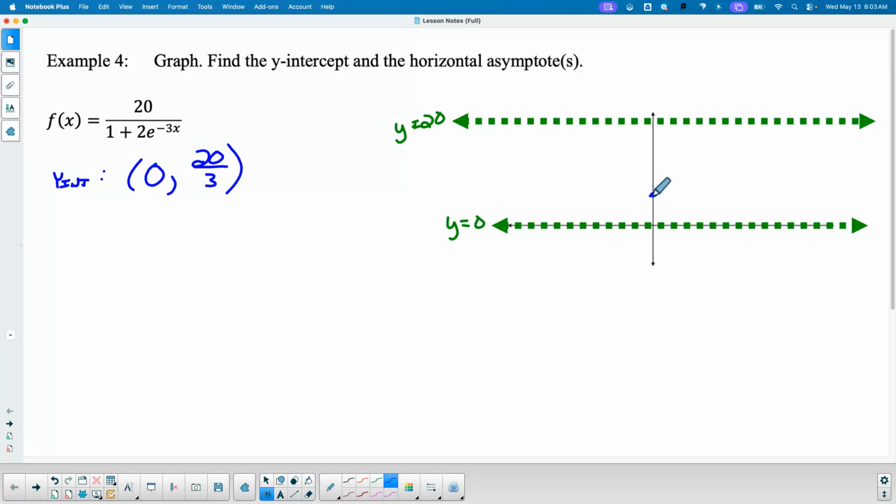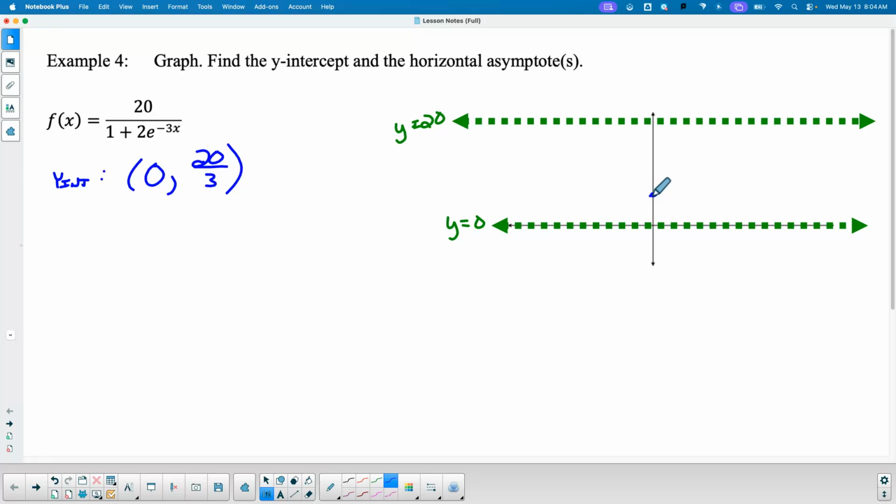Is this an exponential growth or an exponential decay? It's about the negative 3. It's a growth because that's a negative k value.